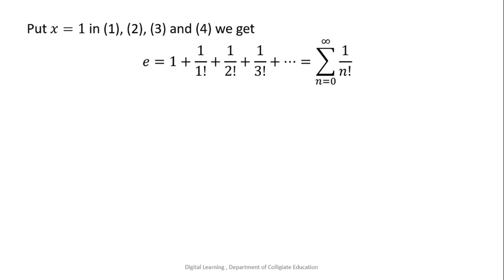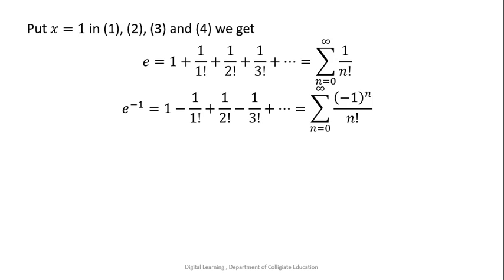First put x equal to 1. Equation 1 becomes e is equal to 1 plus 1 over 1 factorial plus 1 over 2 factorial plus 1 over 3 factorial, which can be expressed as summation n equal to 0 to infinity 1 by n factorial. And put x equal to 1 in equation 2, we get e to the power of minus 1 is equal to summation n equal to 0 to infinity minus 1 to the power of n divided by n factorial.